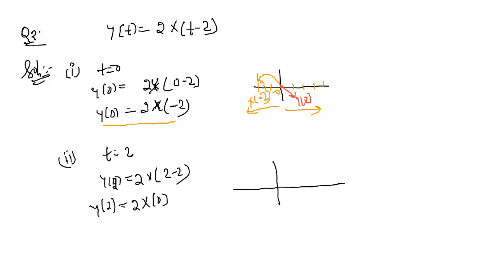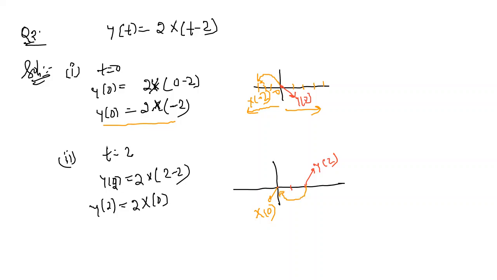If you draw the timeline for this, where is y(2)? This is 1, this is 2. So y(2), the output, is here, and the input is at 0. With respect to y(2), the input is x(0). So the output depends on the past value of input.